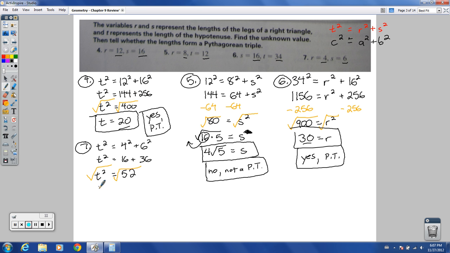You'll have T equals, this would be biggest perfect square that goes into there. The only one that goes in there is 4. And then this 4 comes out as a 2. So you have T is 2 radical 13. Is that a Pythagorean triple? You've got whole numbers here and here, but you do not have a whole number here. So this would be no, it's not a PT, not a Pythagorean triple.